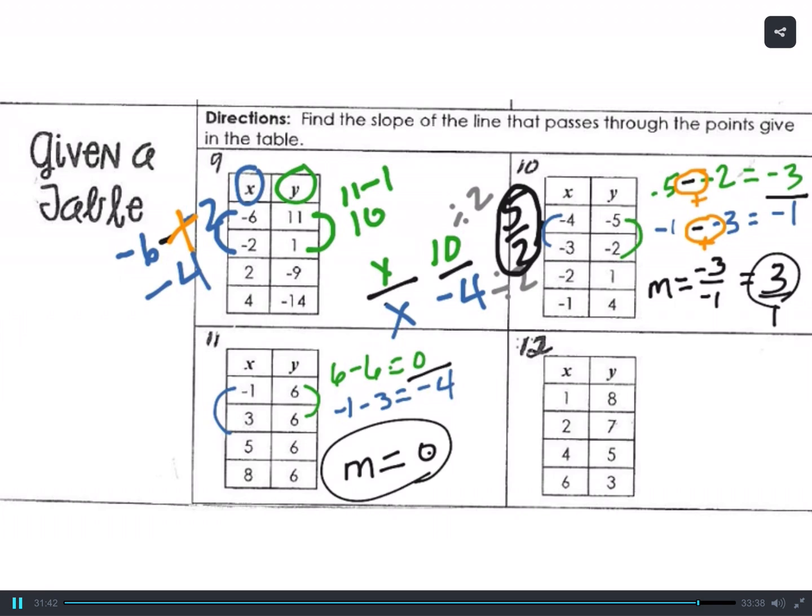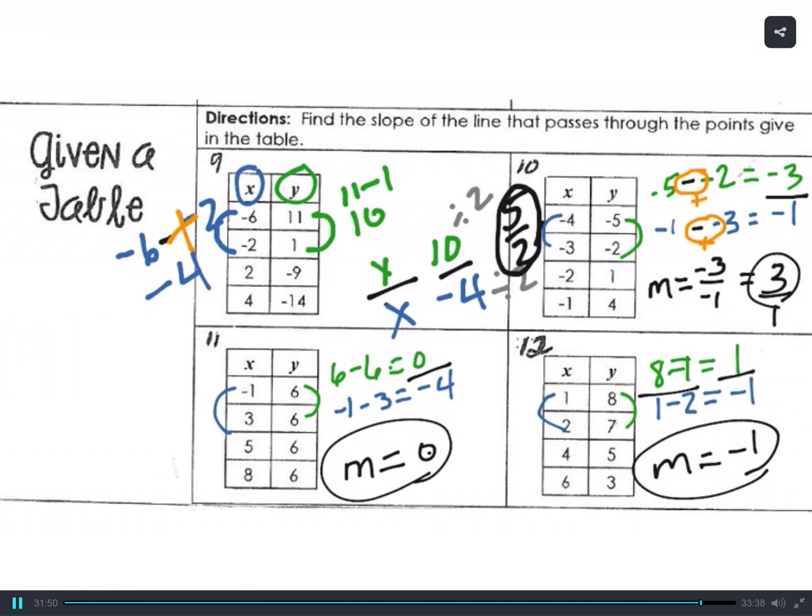And it's that simple. Why don't you pause the video and try number 12, our very last example for today. All right, so I finished finding my slope for number 12, and that reduces to just a -1. My slope is -1.